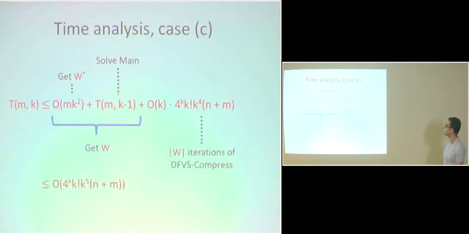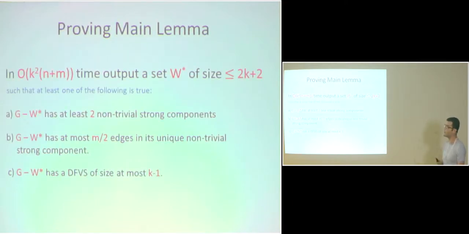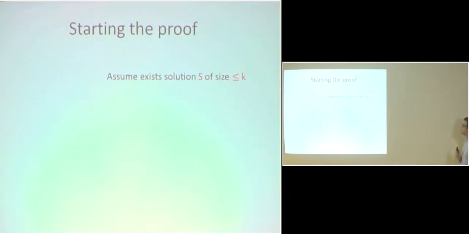Okay, so proof sketch of the main lemma. It's actually not too complicated, but it's slightly tricky to do in 3 minutes. So let me try to speak really fast. Assume that there is a solution of size at most k. We're just going to drop the situation when there isn't one. I'm going to pick an arbitrary edge in my graph, let's say VU, and I'm going to put both U and V in W star.